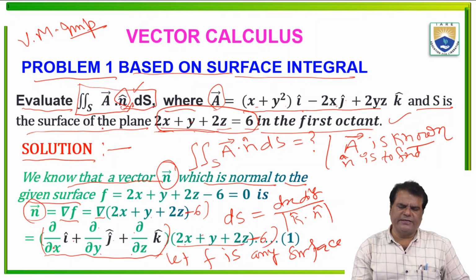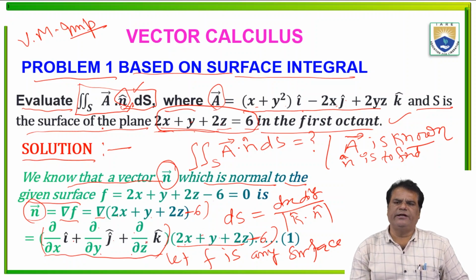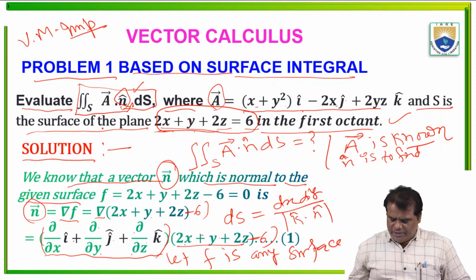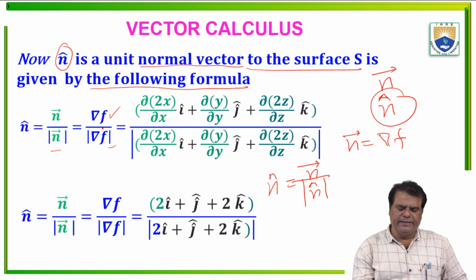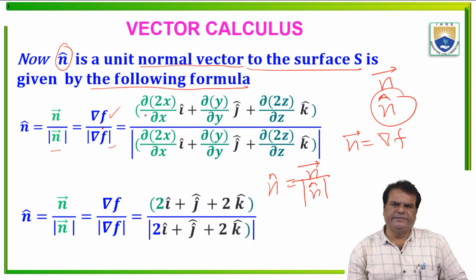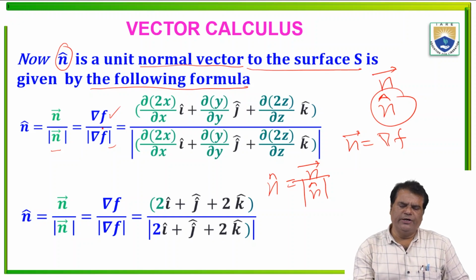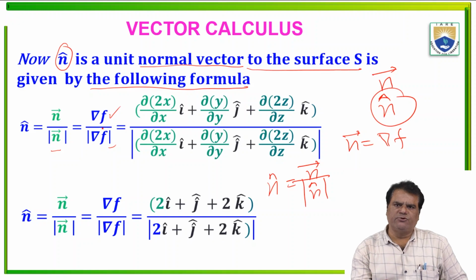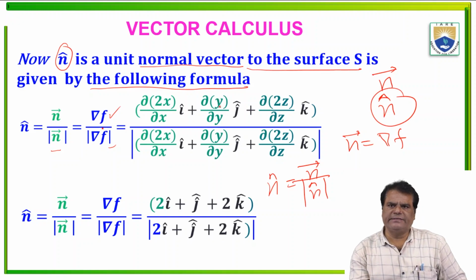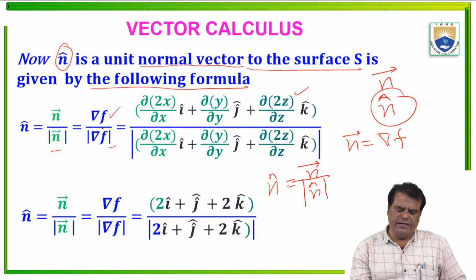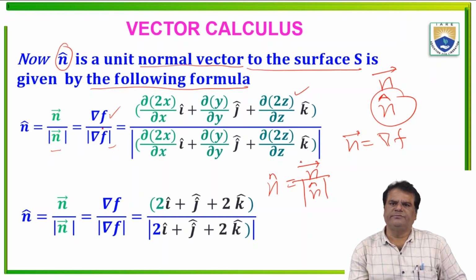Differentiating with respect to x, y and z are constant, so only 2 remains. With respect to y, x and z are constant, so only 1. With respect to z, x and y are constant, so only 2.